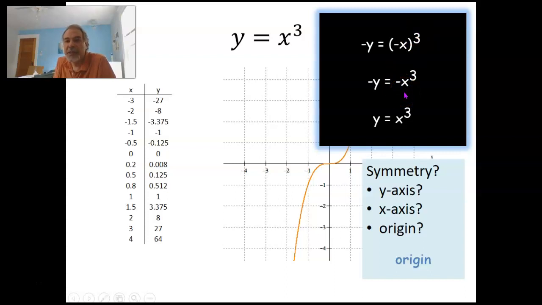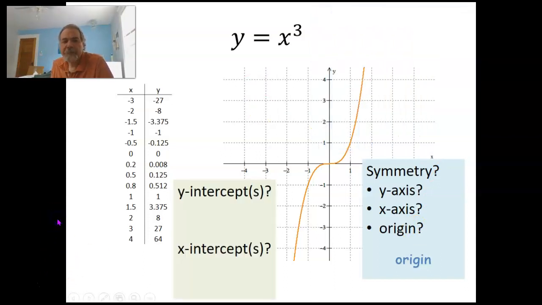Negative times negative times negative is negative. X times x times x is x cubed. And then we have -y equals -x cubed, but we can divide both sides of that by -1, and we get the same equation we started with, y equals x cubed. So it passes that test for being symmetric with respect to the origin.